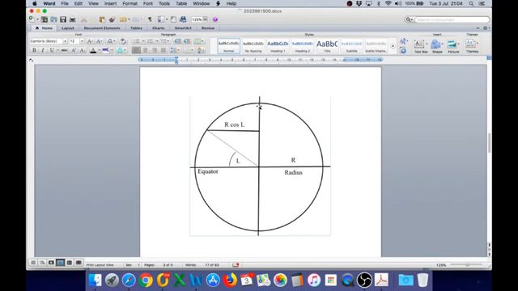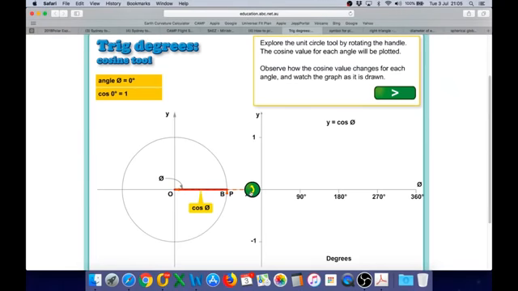Let's have a look at that on an interactive demonstrator. So here we can see that relationship I was talking about, because we can adjust the angle, which is essentially going from the equator, 0 latitude, to the North Pole at 90 degrees north latitude. Now you can see for any given angle, the cosine value is provided here.